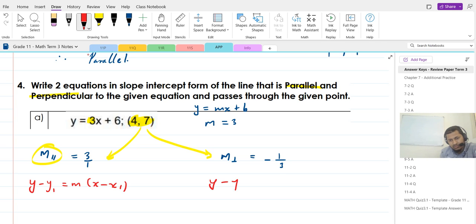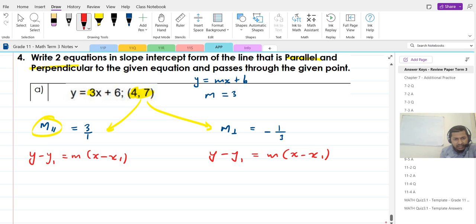The m here is equal to 3 into x minus, what's x1? 4. Y minus, what's y1? 7. Same equation with different slope. Y minus 7 equals negative 1/3 into x minus 4.